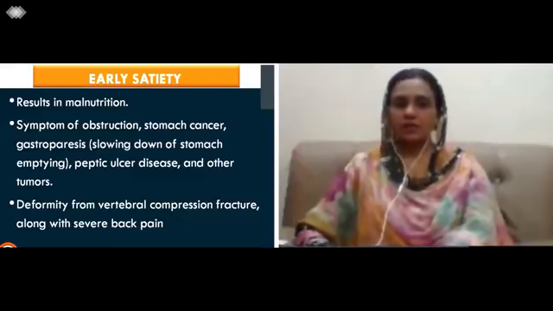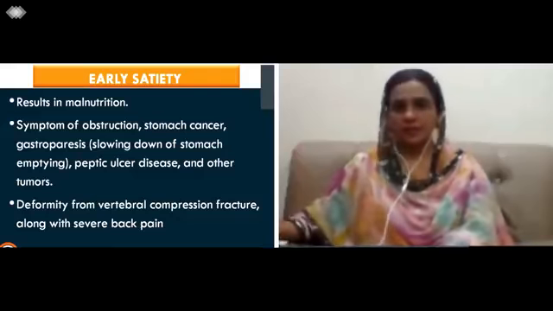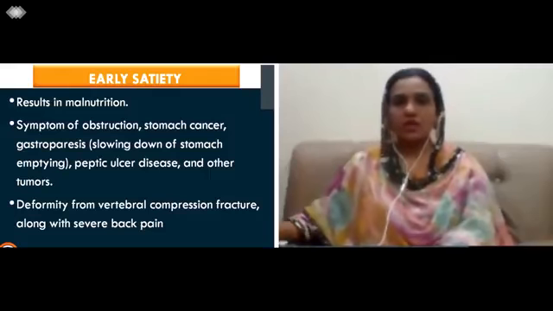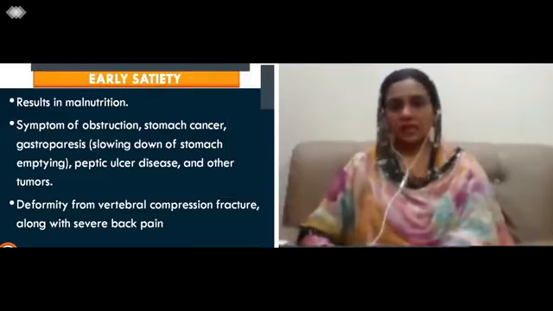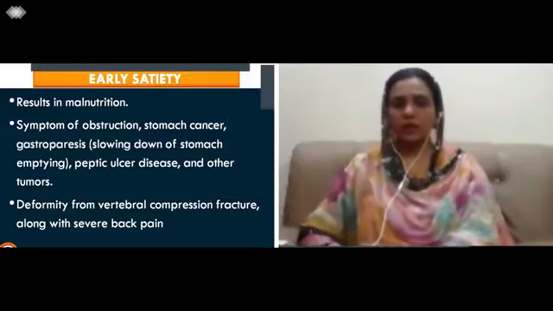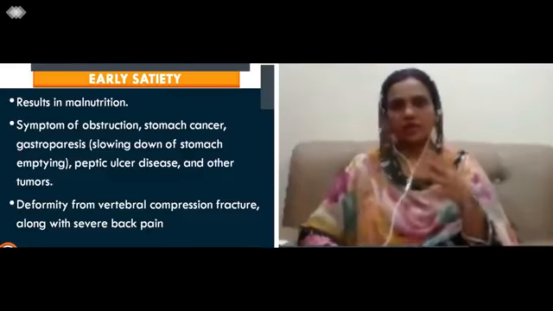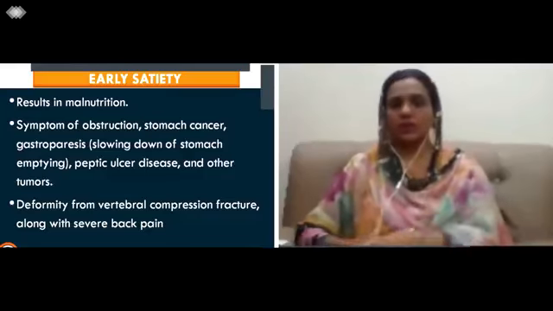Then there is a condition called gastroparesis, which is a slowing down of stomach emptying, and you can say that the motility of the stomach is reduced, okay.